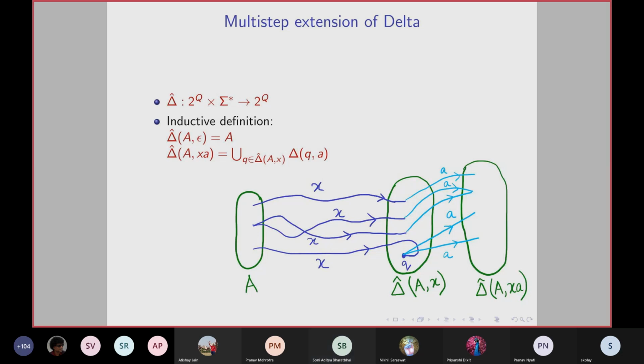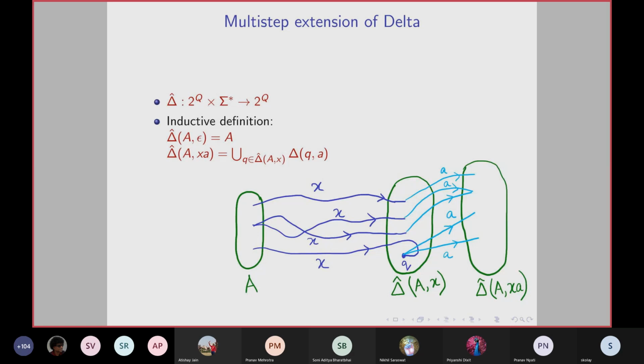Understood, ma'am. Okay, so if you just look at this diagram, this is a schematic diagram. A, delta hat AX, delta hat AXA, all of these could be intersecting each other. They need not be disjoint. I just drew a schematic diagram where you start from the set A. Your starting states are lying inside set A. You follow a path labeled by X and you reach a set of states which we are calling delta hat AX.